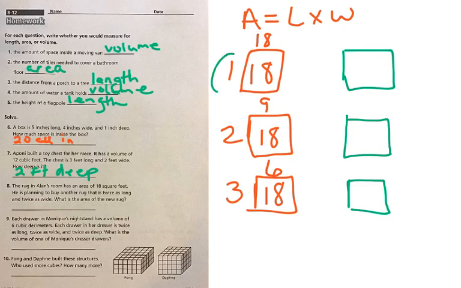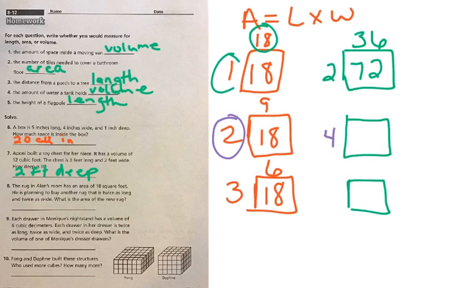So if I took my 1 here and I doubled it, because I need to double the length, and then I took my 18 and I doubled the width, it's 36, and 36 times 2 is equal to 72. You can look at the next one, and it's going to be the same thing. If I double my 2 here, it becomes a 4. If I double my 9, it becomes an 18, and 18 times 4 is equal to 72.